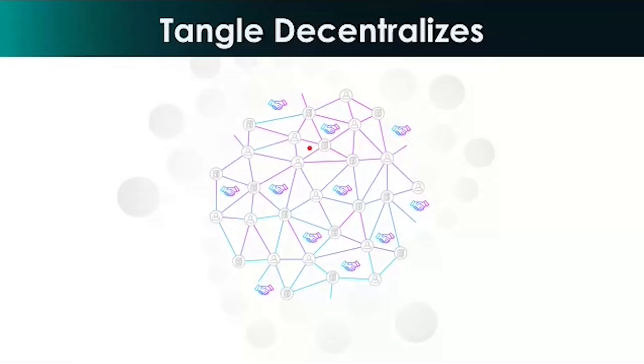There is no validation centralization like there is in the blockchain. In the Tangle, instead, everything is maximally decentralized, meaning that there is no risk of a 51% attack or something of that nature, which is actually quite a real threat to the blockchain.